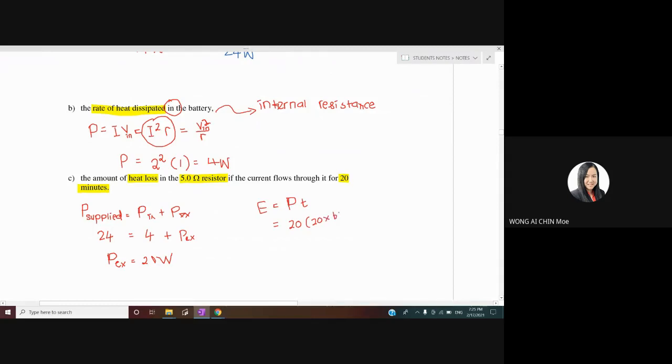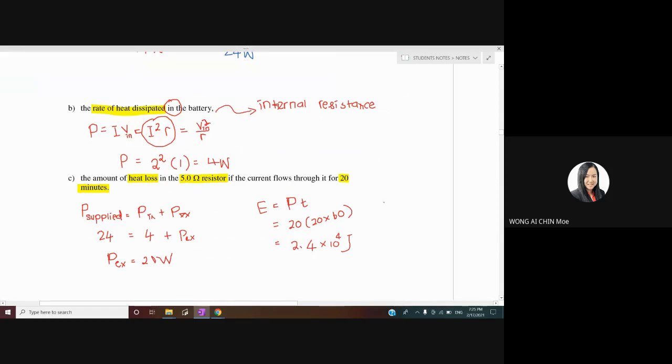Press the calculator and you will get 2.4 times 10 to the power of 4 joule. So this is the method to find the energy loss.